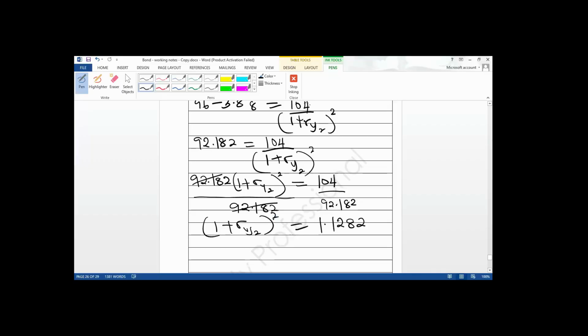Then what do you do? You have a square here. The square moves to this side and becomes a square root. 1 plus R in year 2 is equal to the square root of 1.1282. Please get the square root.